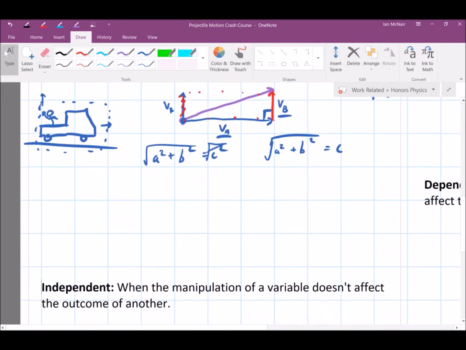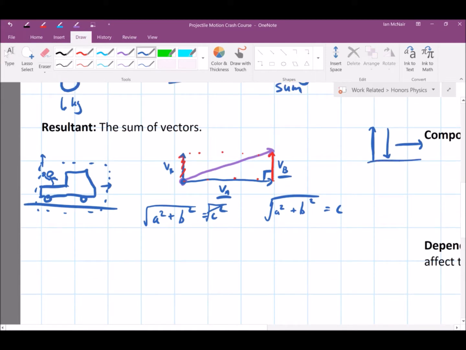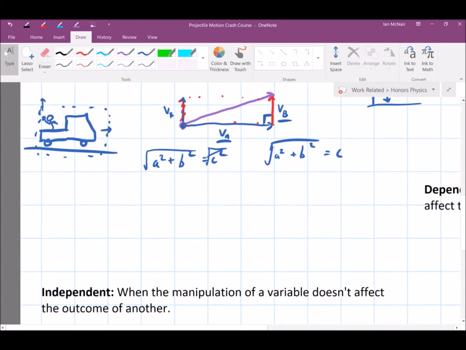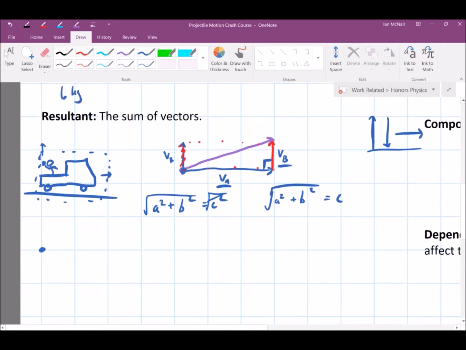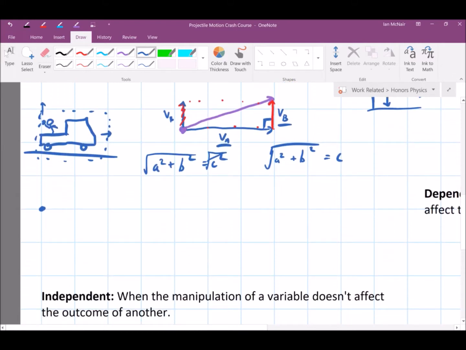Let's say each of these is one box in length. This is our starting point, and we go one down, one up, and one across, and we get here. If we do this in red, let's say we go up instead this time. We go one up, one down, one across, and still have the same endpoint.